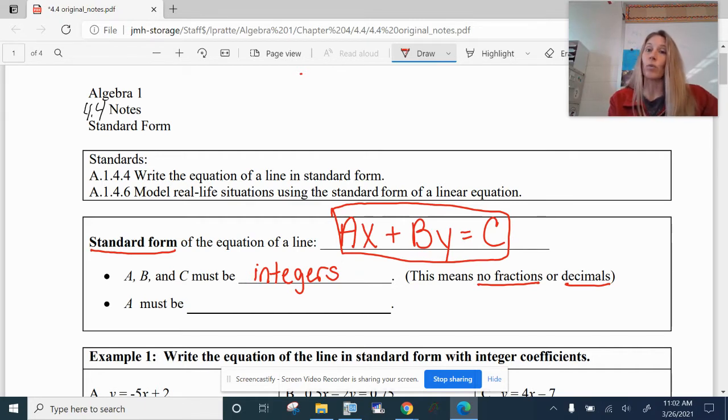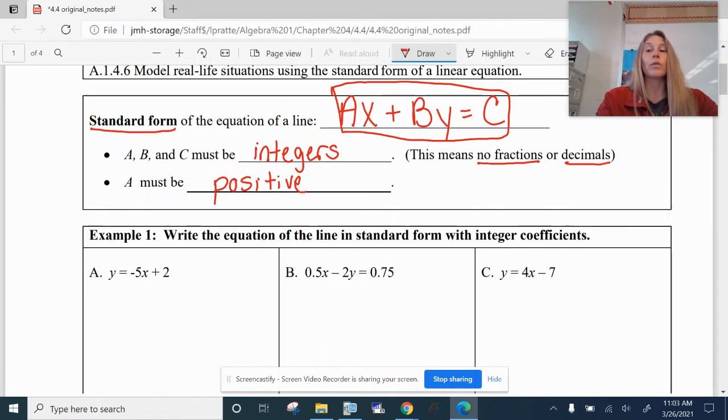But in standard form, we should not see fractions or decimals if it is completely put into the proper standard form. Additionally, your a, which should be the first number that you see because it's the coefficient of the x, will have to be positive. Now the b and the c can be negative. There's no restrictions on that, but the a should be positive.